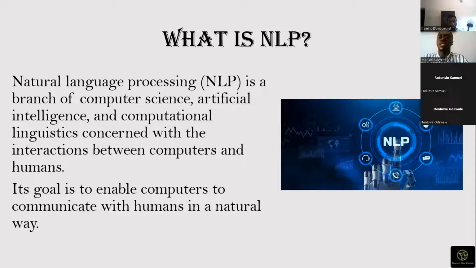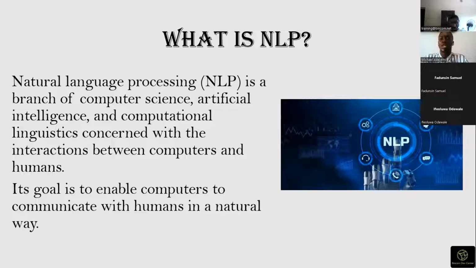So basically, the major aim of natural language processing is just for us to be able to communicate with our machines and to be able to interact with them. Let me give an example. I was born and brought up in Nigeria, so I can speak English. Take for instance, I travel out to Paris. Paris is in France.